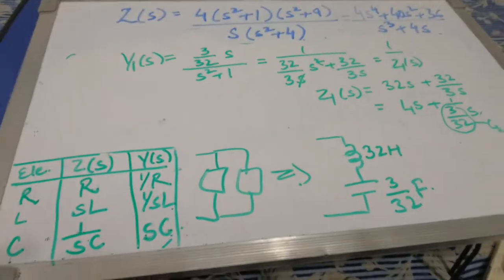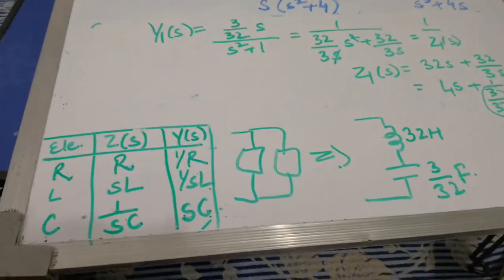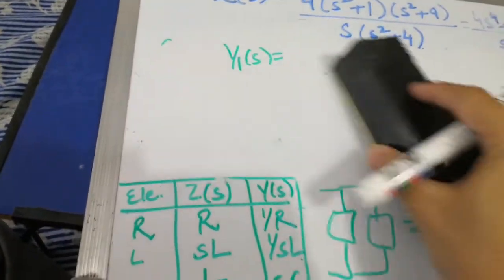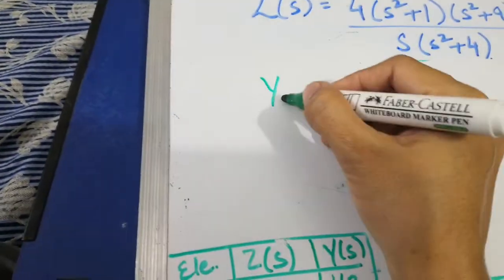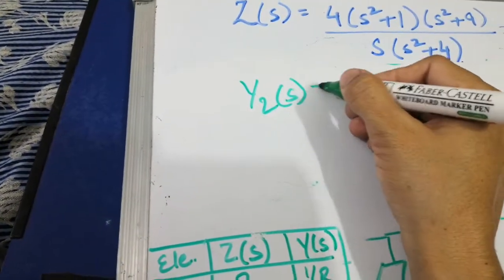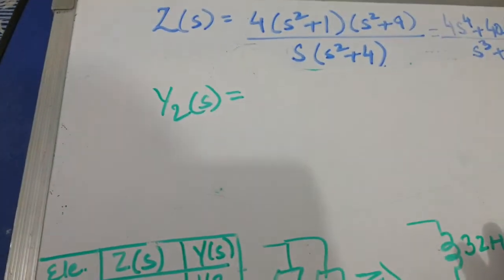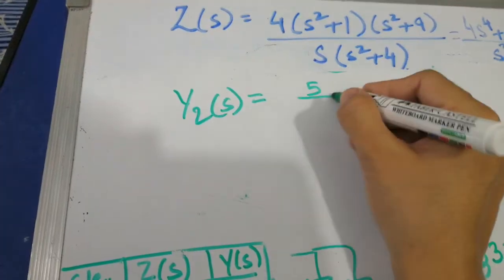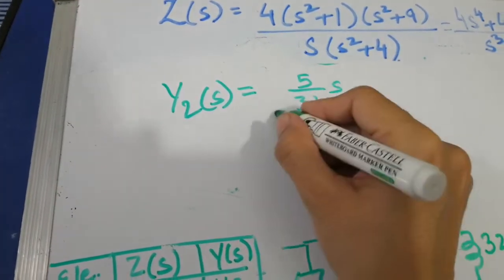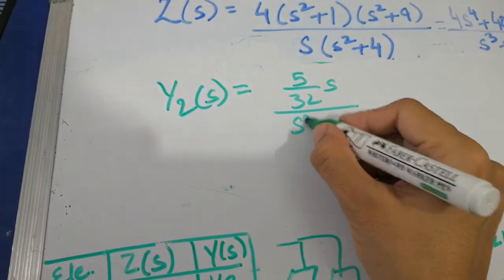Now I am going to take out Y2S. Your Y2S was equal to 5 by 32s divided by s square plus 9.